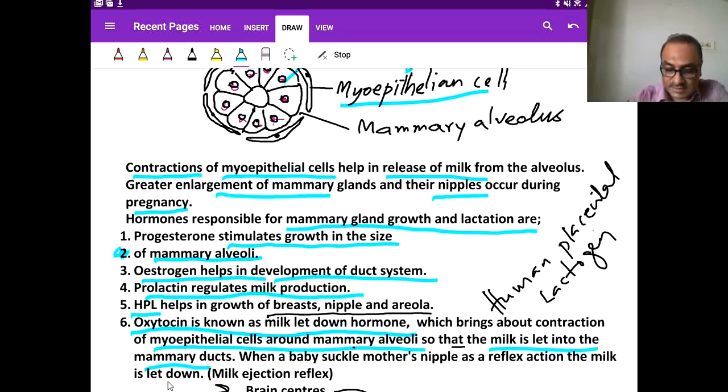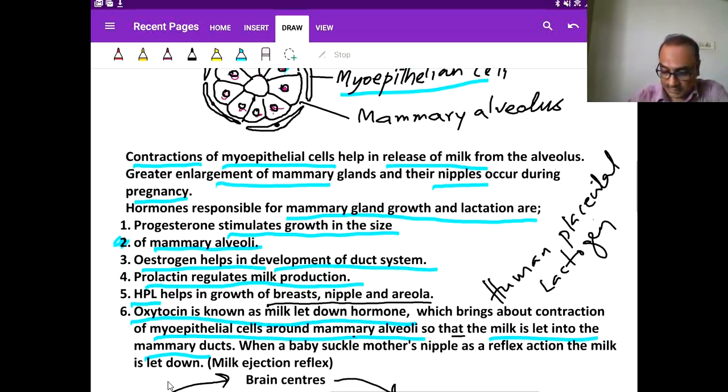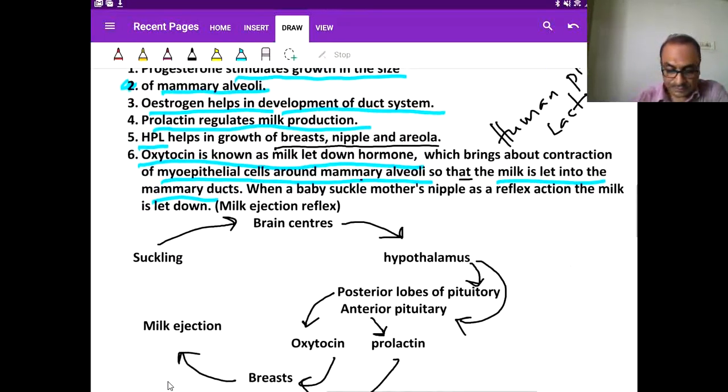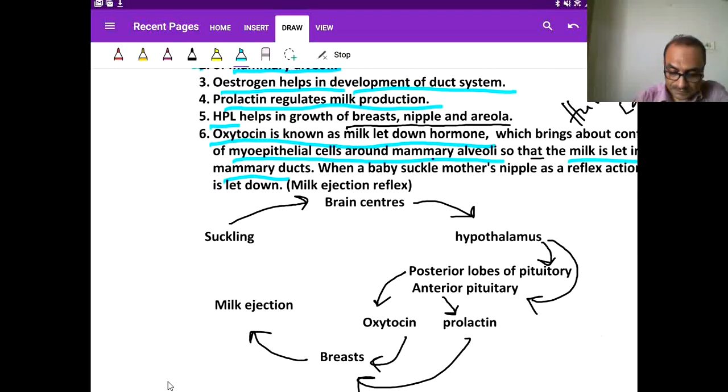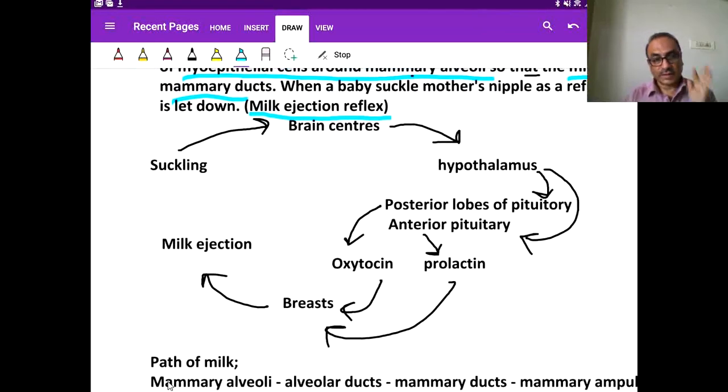Now, how is it being released? I have told you that there is a milk ejection reflex. Let's see what it is. If you look at this diagram, when the baby suckles, suckling stimulates the mammary gland and the sensory neurons carry that message to the brain center.